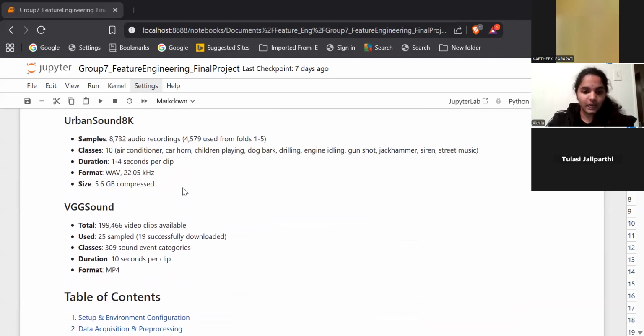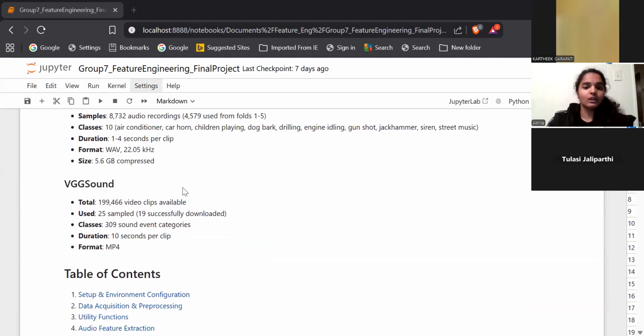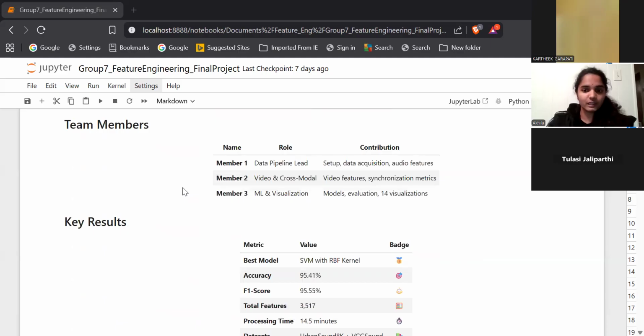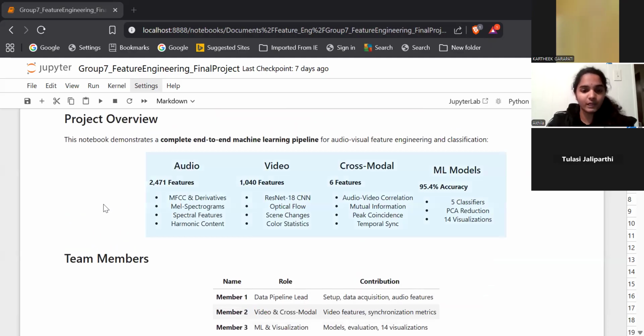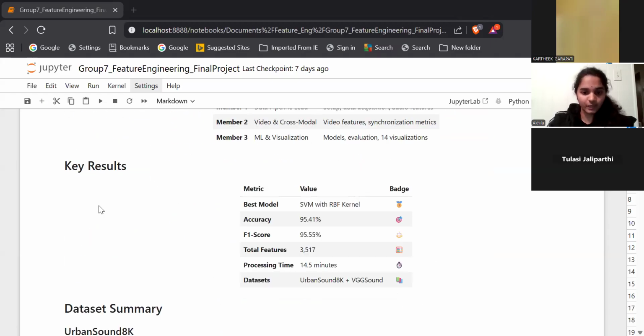Secondly, our video feature engine uses a pre-trained ResNet 18 to extract the 512 dimensional embeddings from evenly sampled frames, combines this with optical flow for motion analysis, and computes scene change metrics. So this produces around 1040 video features per clip. And the third, most innovative, is our cross-modal synchronization function, which computes around six metrics.